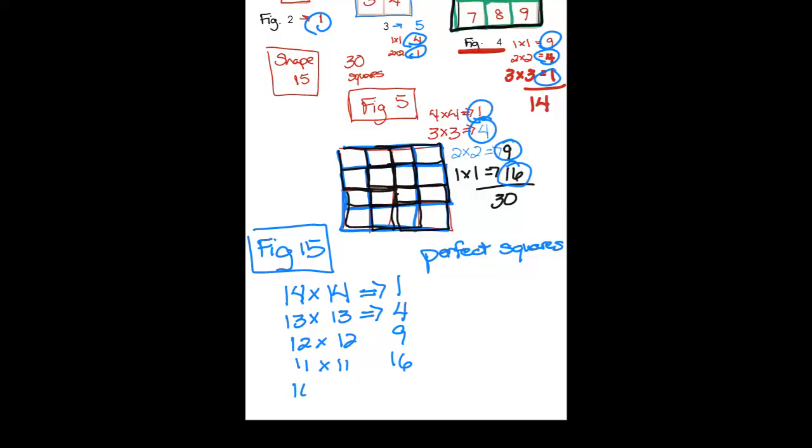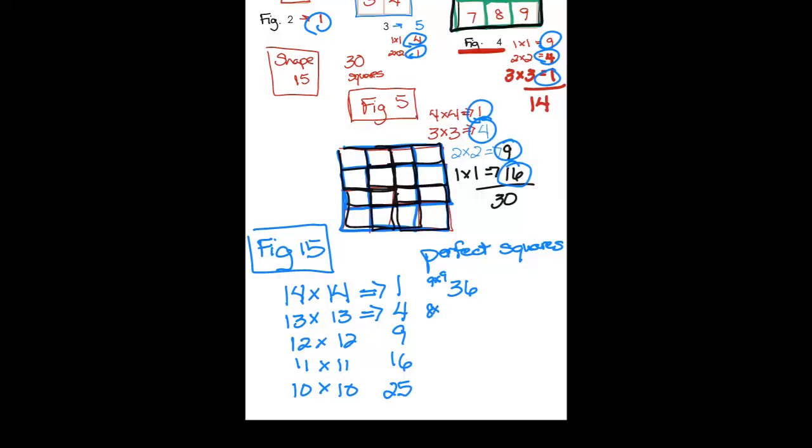Let's do one more. 10 by 10, there would be 16. What's the next perfect square number? 25. Next perfect square number would be 36. That's for the 9 by 9s.